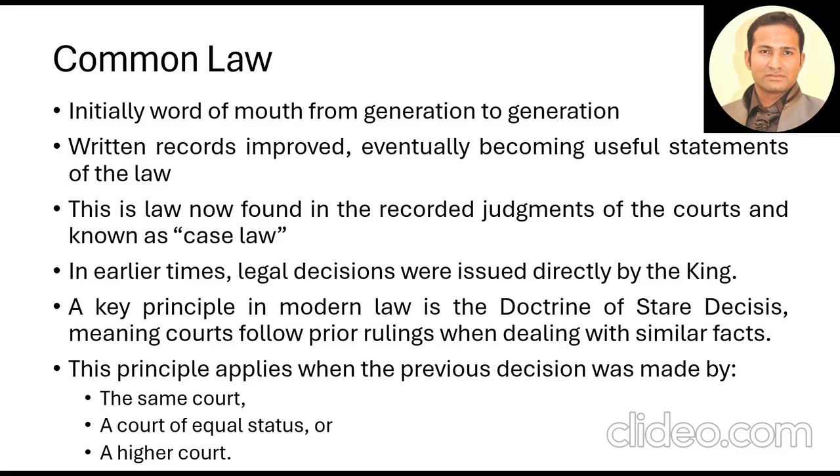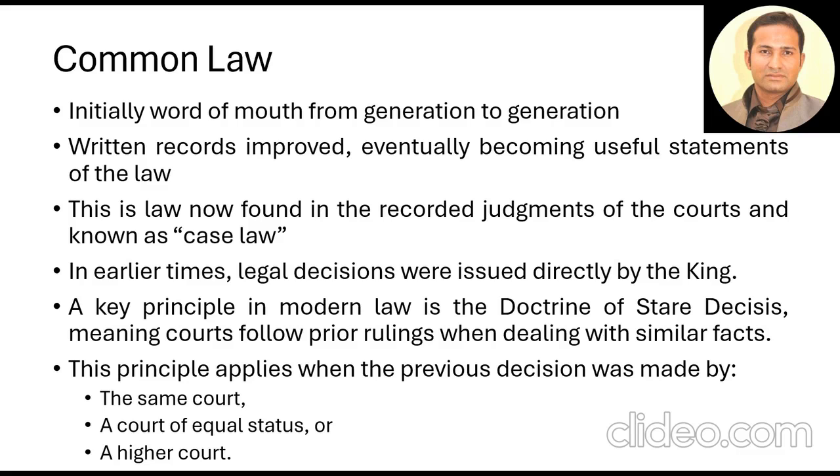It should be either from the same court or a court of higher rank, not a court of lower rank. For example, if you are in High Court and you want to give a precedence, you should select either a previous High Court decision or a Supreme Court decision. You cannot cite any district court decision in a High Court as a precedence. Similarly, when you are having legal proceedings in a Supreme Court, you can only cite a previously decided Supreme Court case as a precedence.